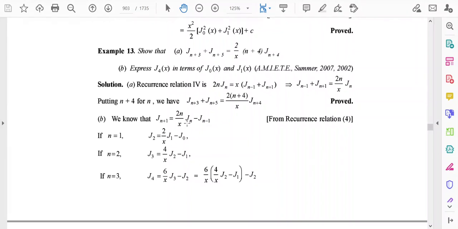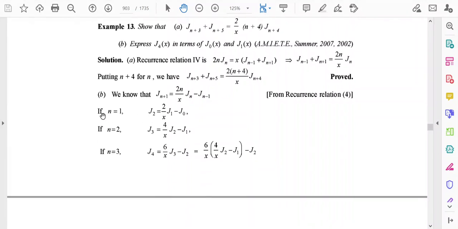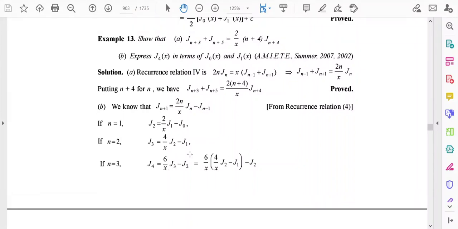Consecutively, at first we put n = 1, then J2 can be expressed in J1 and J0. If we put n = 2, then J3 can be expressed in J2 and J1. If we put n = 3, then J4 can be expressed in J3 and J2. And ultimately J4 can be expressed in terms of J0 and J1.